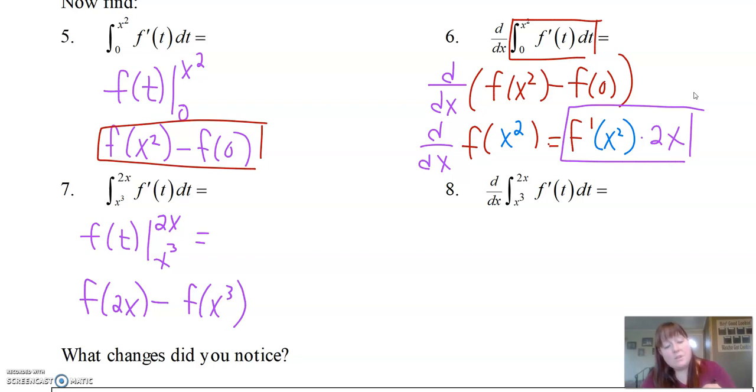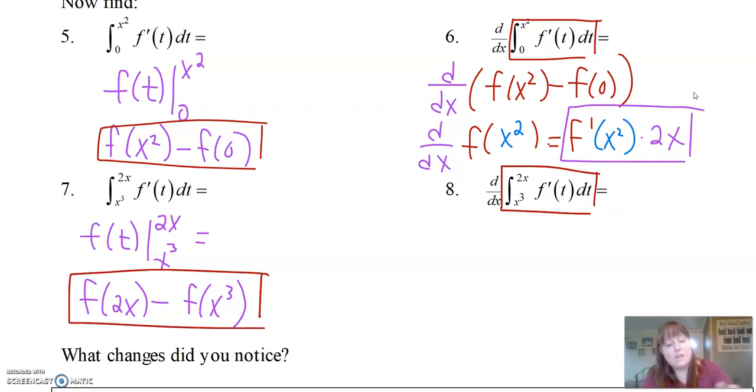Okay, and then we see this right here, right? We evaluated that already. So now we're going to find the derivative with respect to x of f of 2x minus f of x cubed.